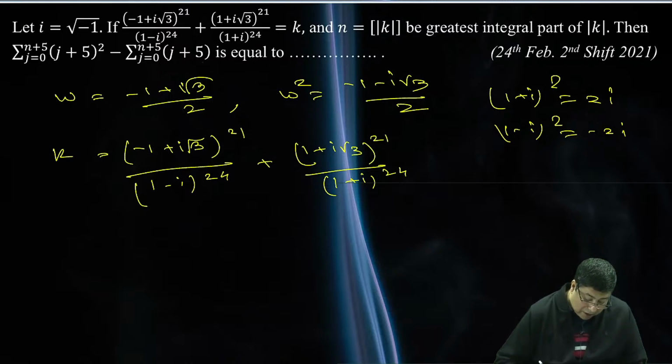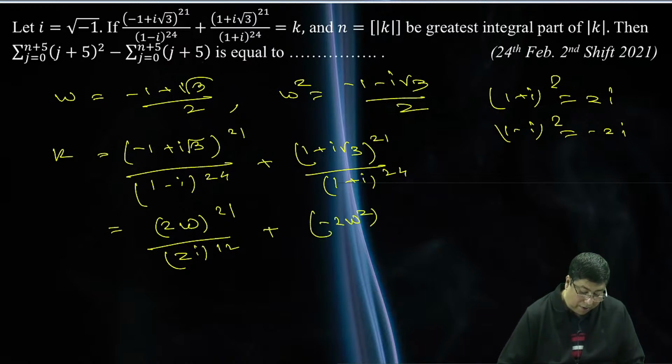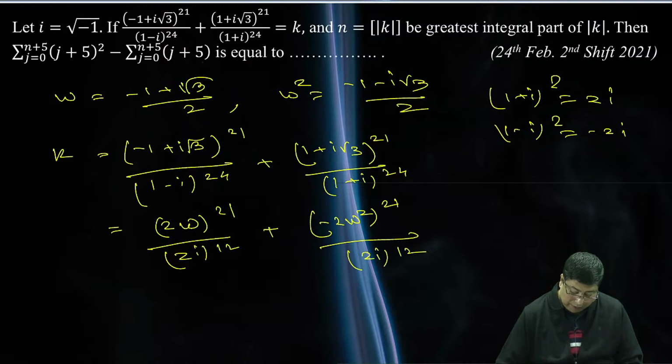This is coming to be 2 omega whole to the power 21 by (minus 2i) whole to the power 12, because (1 minus i) whole square is minus 2i, whole to the power 12. And here we can write this as (minus 2 omega square) whole to the power 21 divided by (2i) whole to the power 12. Now let us calculate.